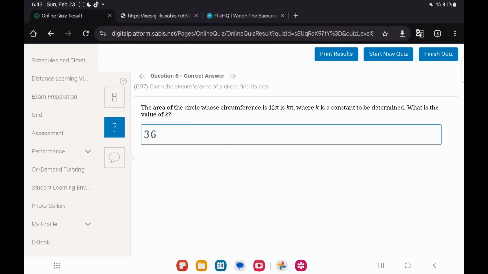The area of a circle whose circumference is 12 pi. They want you to find the value of k with k pi. So we need to find the area, but they gave us the circumference and they didn't give us a radius. So we find the radius from the circumference, because we know the circumference of a circle, let me write circumference as C, is equal to 2 pi r.